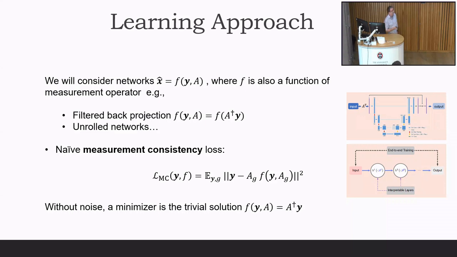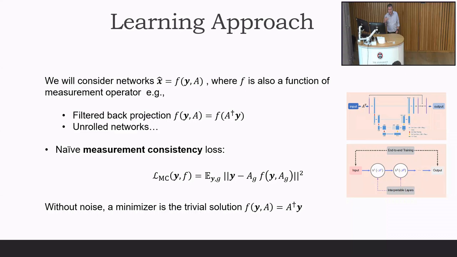But again, without noise, it should be clear that if I just choose my neural network function to be the pseudo-inverse of y for all the different A's, then I'm going to minimize that consistency loss and not get the required solution. So I need to do something more sophisticated.